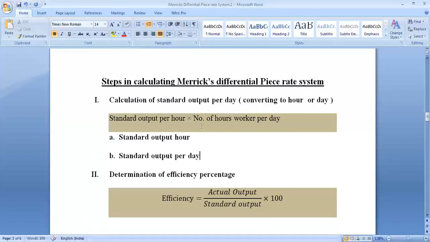First we convert seconds data to minutes, or minutes to hours, and calculate the standard output per hour. If it is given in hours, or after calculating in hours, we convert that into per day standard output. This step will help in our calculation of step 3.